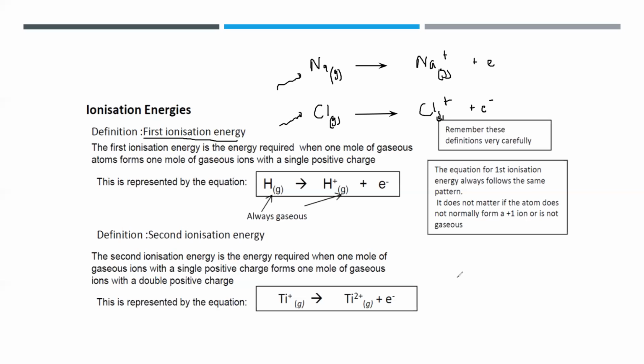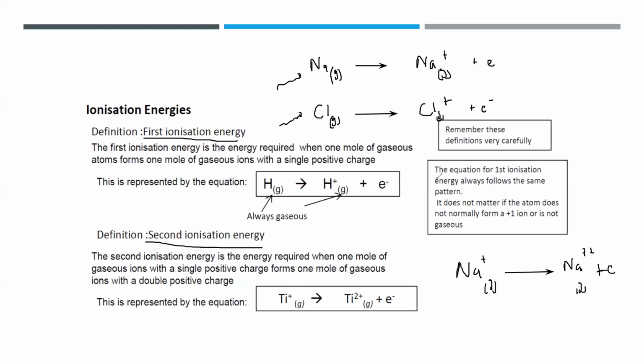We already removed one electron from this sodium. So how much energy is required to remove another electron so that this sodium will get a +2 charge? The energy required to remove another electron from this sodium is called second ionization energy.